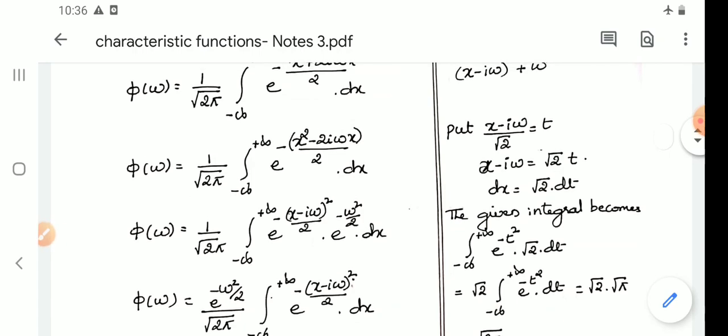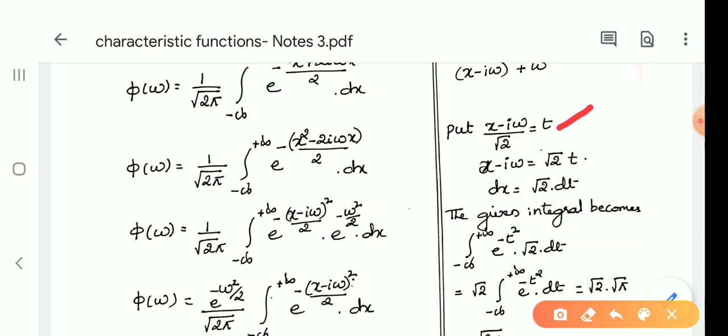So, x minus i omega by square root of 2, we have taken it as t. So, x minus i omega becomes square root of 2 into t. When we differentiate, dx becomes square root of 2 into dt.